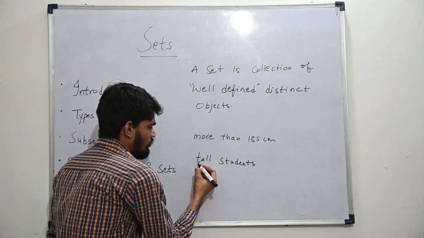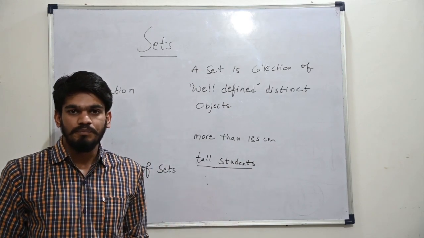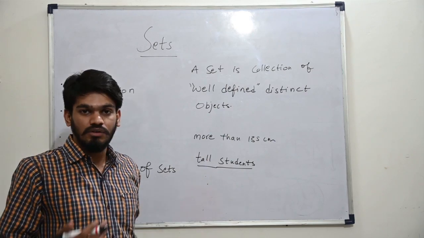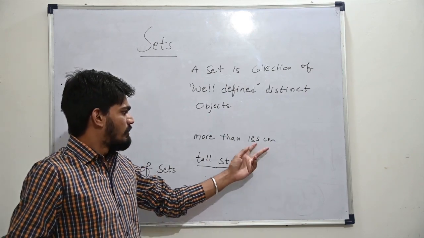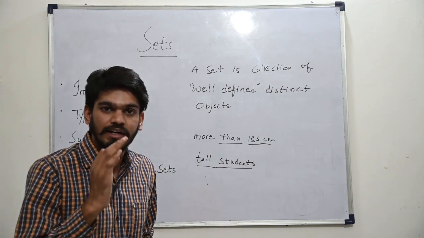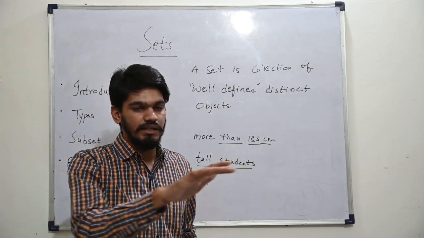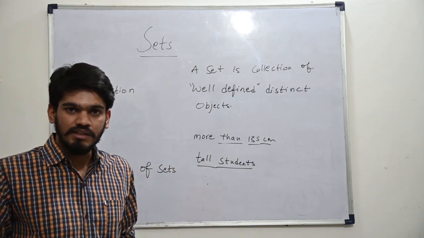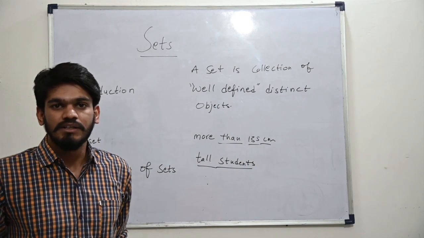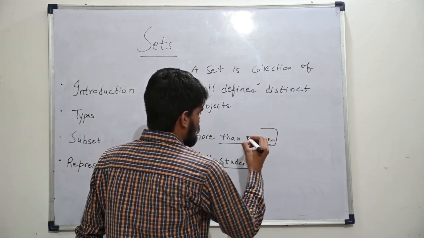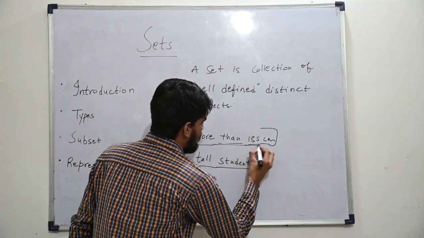When I am talking about tall students, it does not give me any idea what the length or height of the students will be. But when I talk about more than 135 centimeter, this is well defined. Now I can easily check the heights of the students and figure out how many students have more than 135 centimeter height. So this will be known as well defined object.